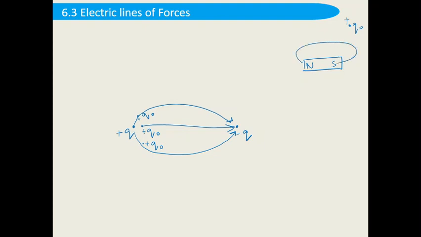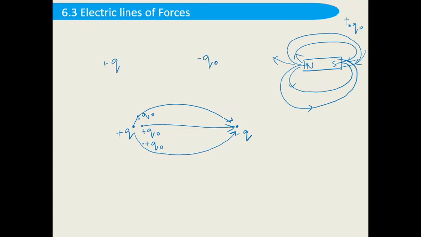Magnetic field originates from the North Pole and terminates towards the South Pole. Similar to this magnetic field, there is an electric field. The electric lines of forces also originate from the plus Q charge and get terminated at the minus Q charge.